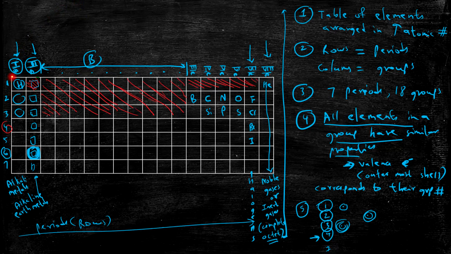I'm drawing it in the yellow highlighter. So the outline of the periodic table would have been something like this.